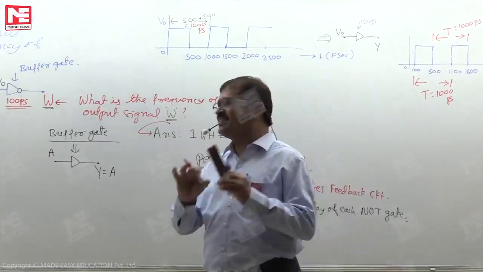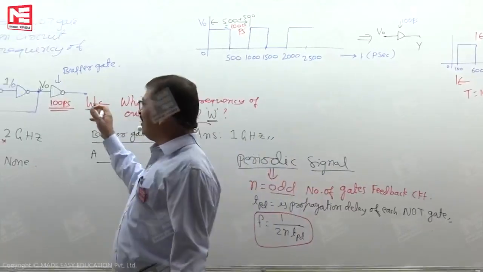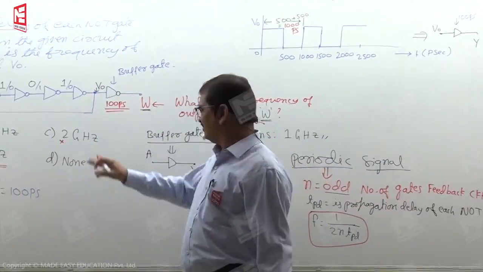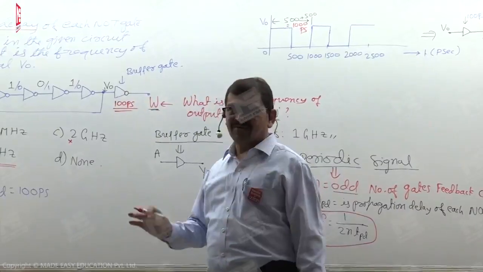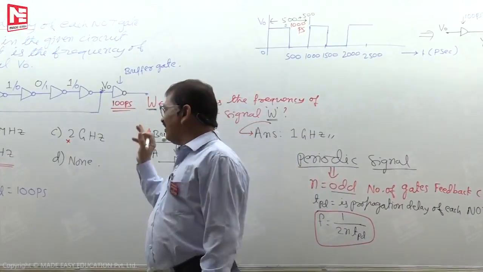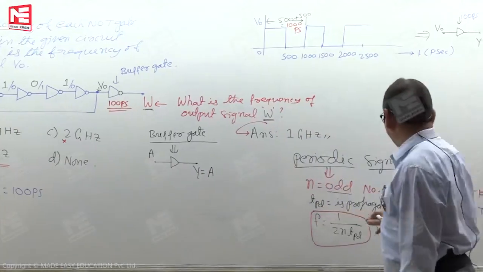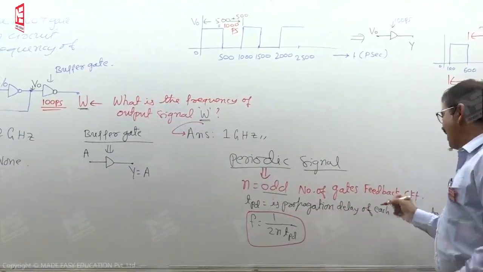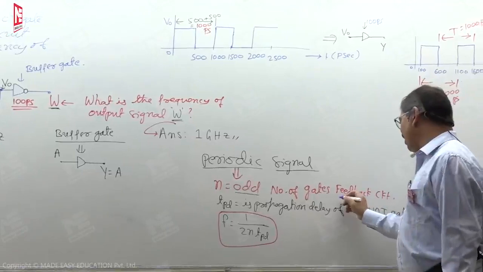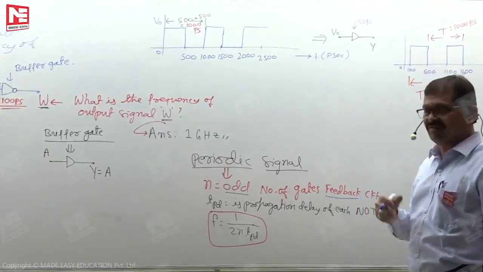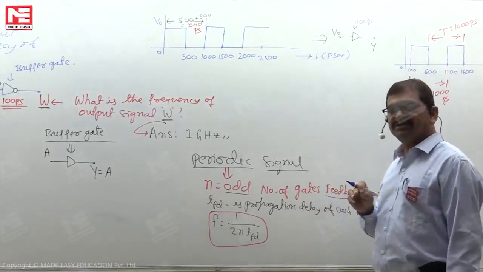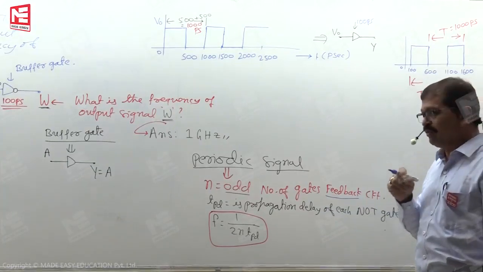So don't mix it up. Here, don't count this NOT gate as an even one. The number of NOT gates we are bothered about is only those in the feedback loop.